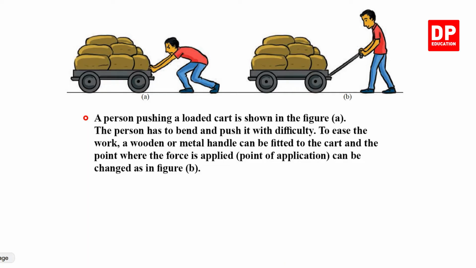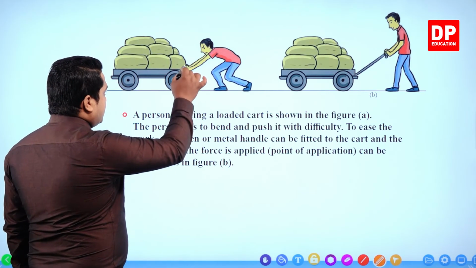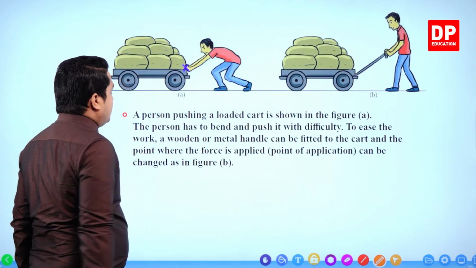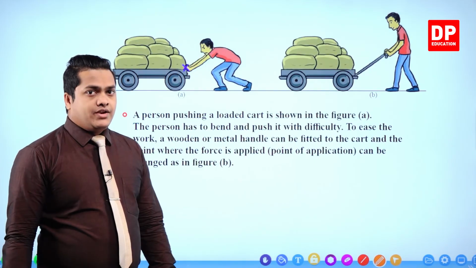Right then. Next one. A person pushing a loaded cart is shown in figure A. The person has to bend and push it with difficulty. To ease the work, a wooden or metal handle can be fitted to the cart, and the point where the force is applied, the point of application, can be changed as in figure B. Now in the first case, the person is applying the force to here.